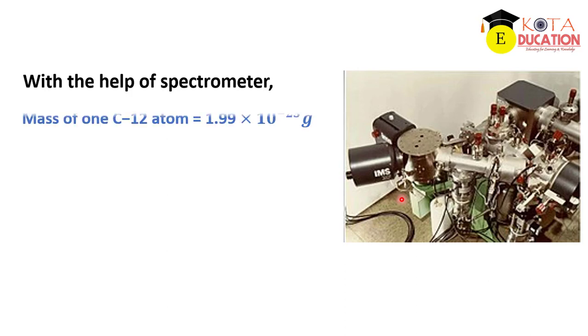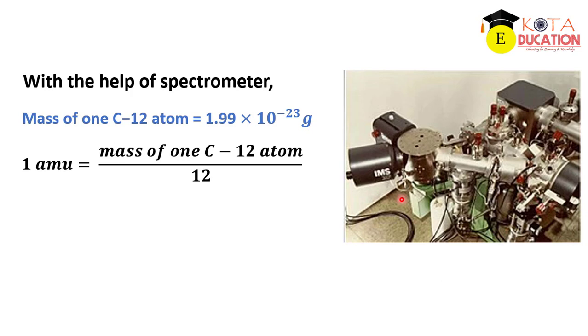With the help of the mass spectrometer, we get the accurate value of the mass of one carbon-12 atom. It was found that the mass of one carbon-12 atom is 1.99 × 10^-23 gram. We already know 1 AMU is equal to the mass of one carbon-12 atom divided by 12. So we are substituting the value calculated with the help of the mass spectrometer in this equation.